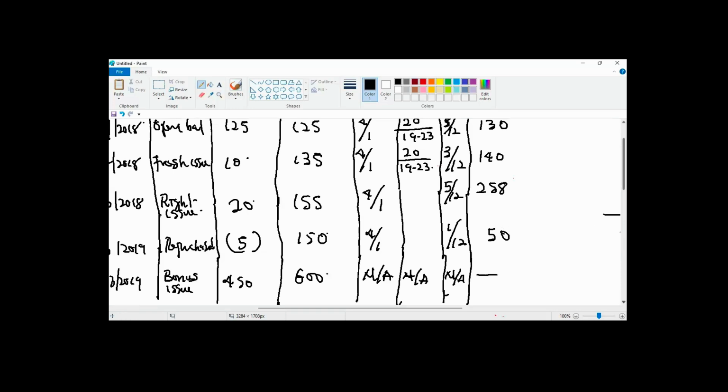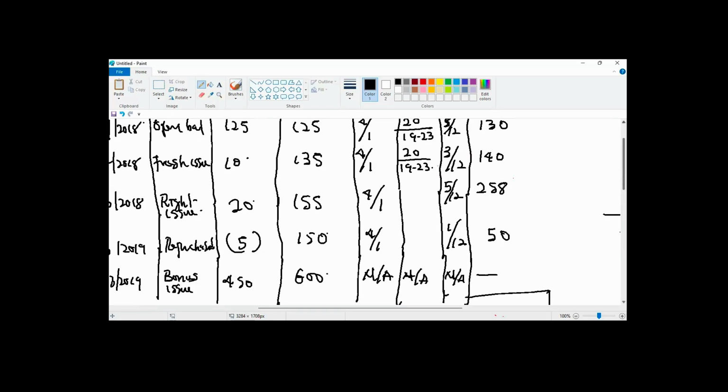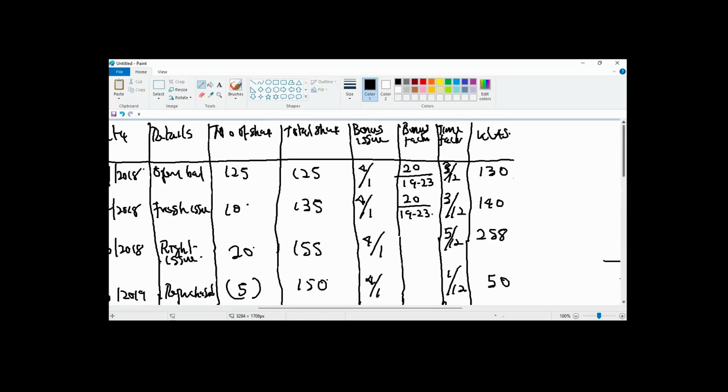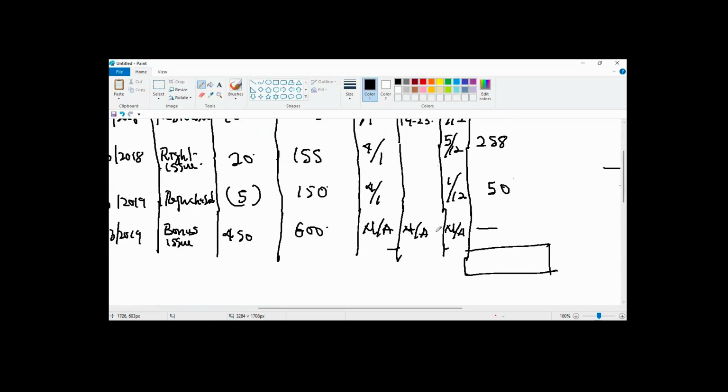I will now add everything together: 130 plus 140 plus 258 plus 50 gives 578. That's all.